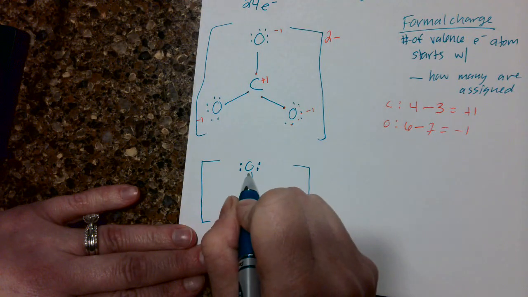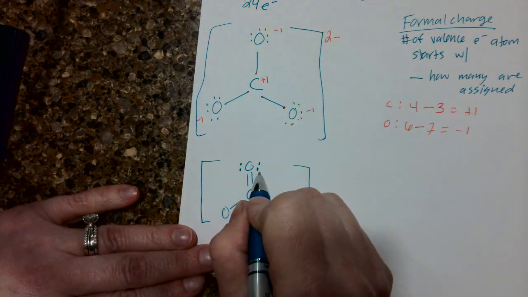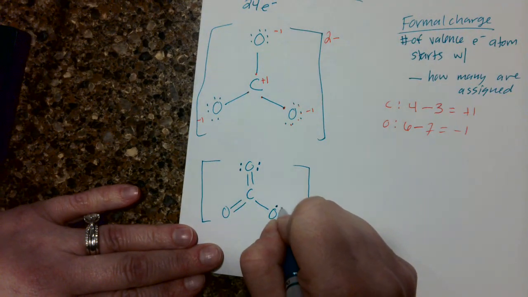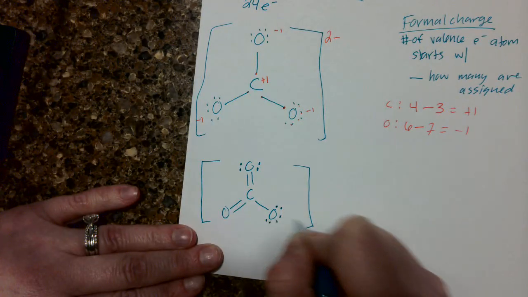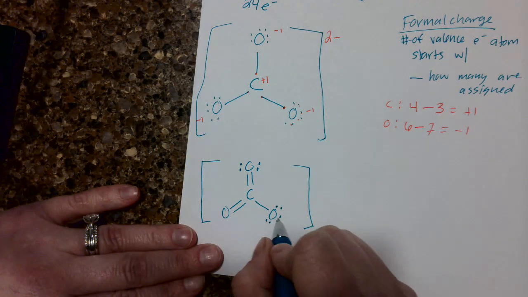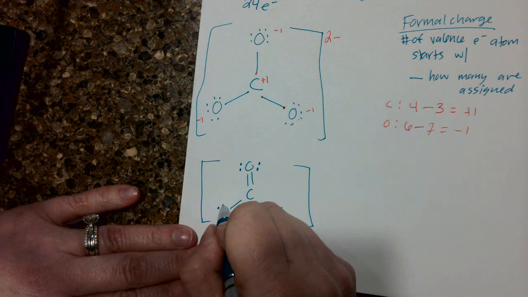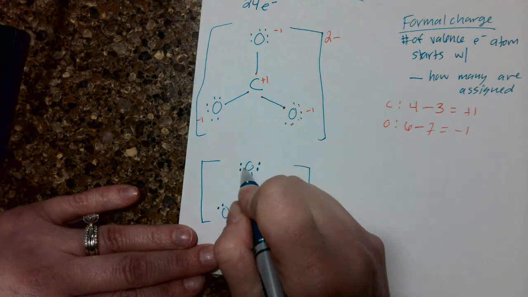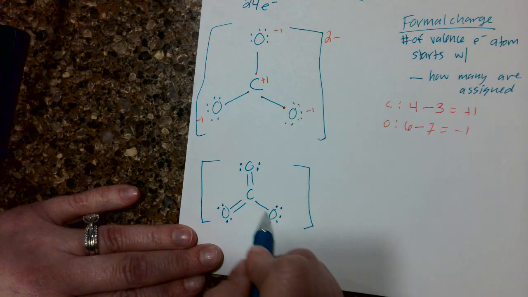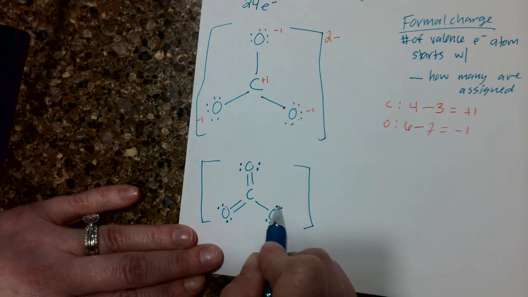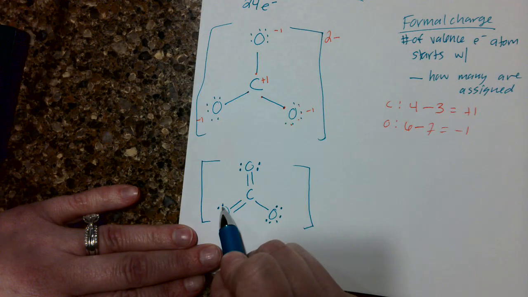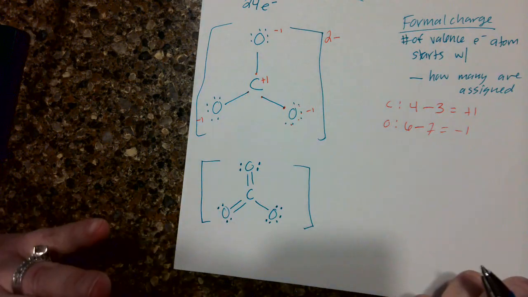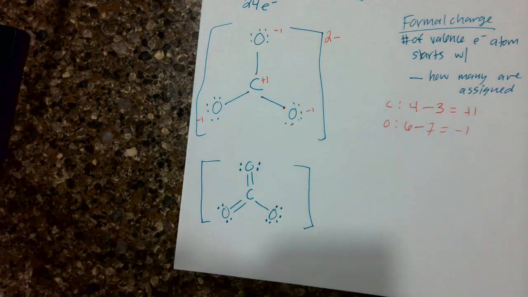I'm stopping here because now oxygen has its octet. I'm going to put 3 more here because now oxygen has its octet, and I'm going to put 2 here because that would give oxygen its octet. So 1, 2, 3, up to 24. Okay, this one has 24 electrons too, like we're supposed to have.